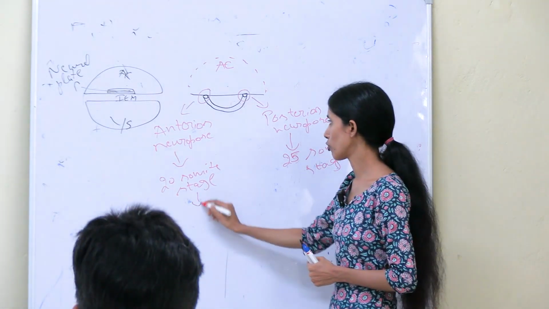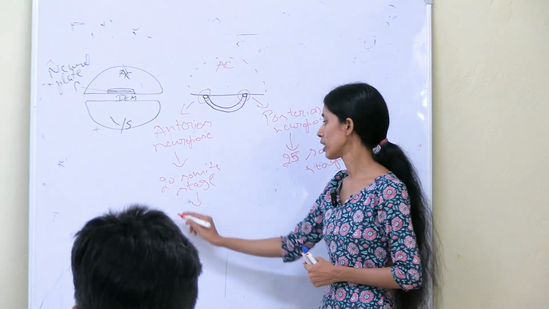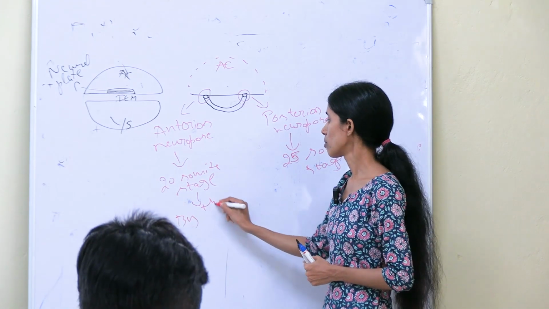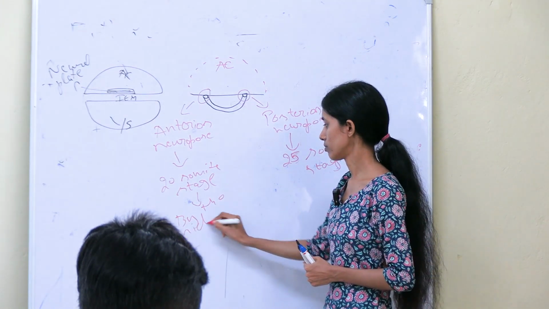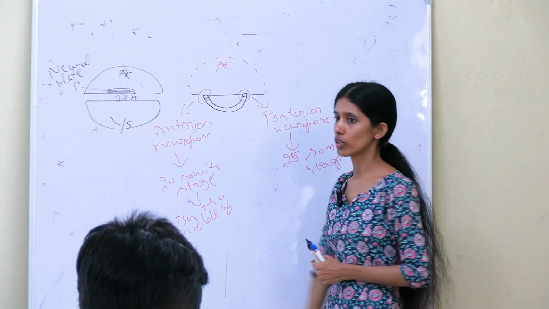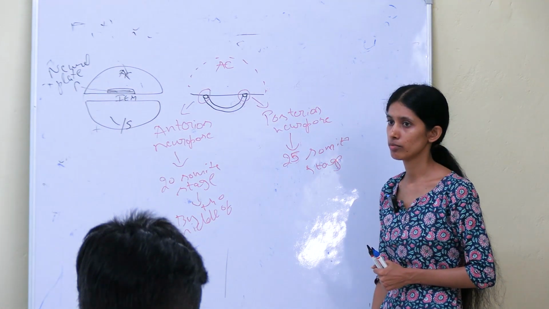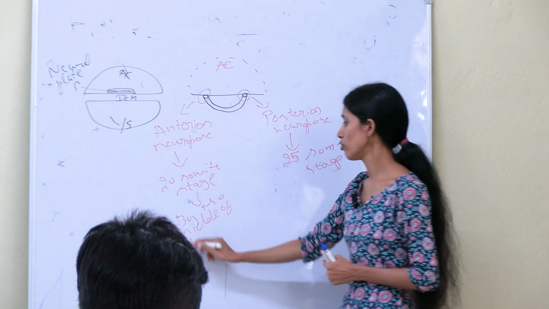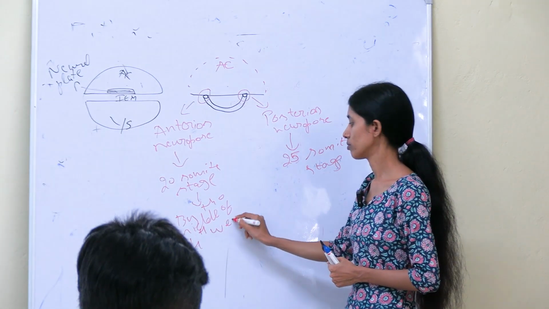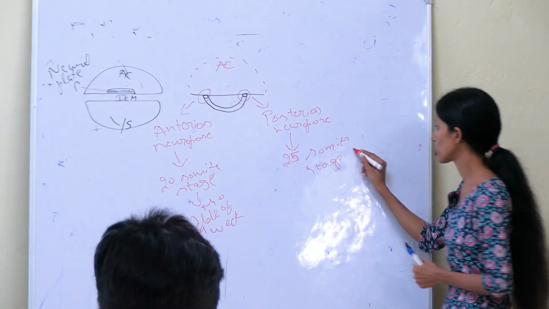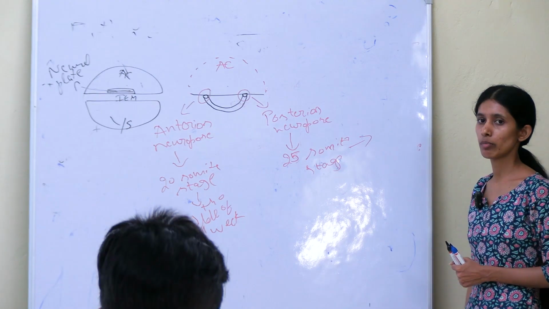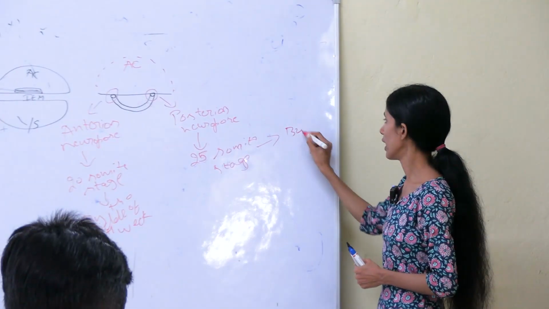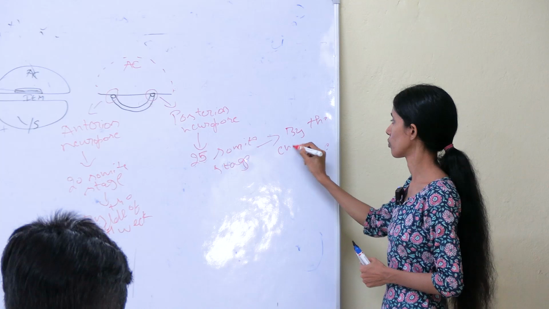The closure of your anterior neuropore can be seen by the middle of the 4th week, and your posterior neuropore can be seen closed by the end of the 4th week.